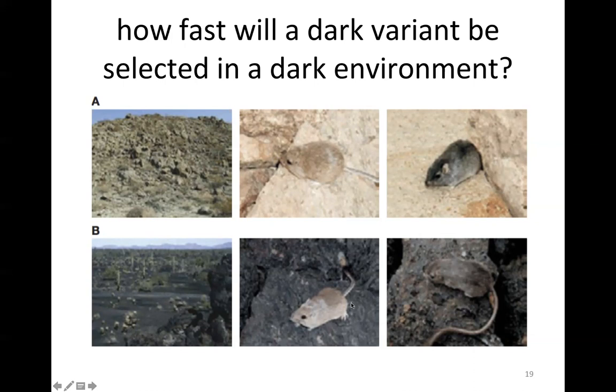If we have originally a white, light color type in this area, and a dark coat color variant appears, what would be the selection on this variant? And given the selection, how fast would it spread through the population? How strongly will allele frequencies change?